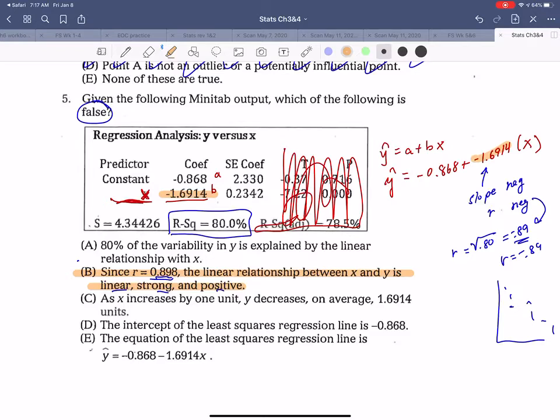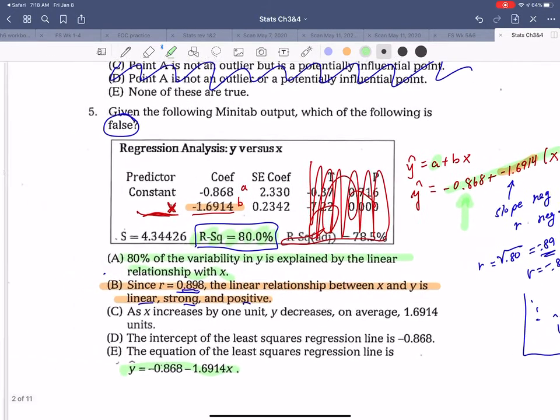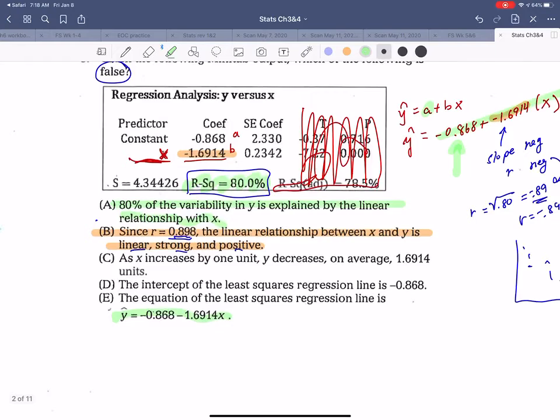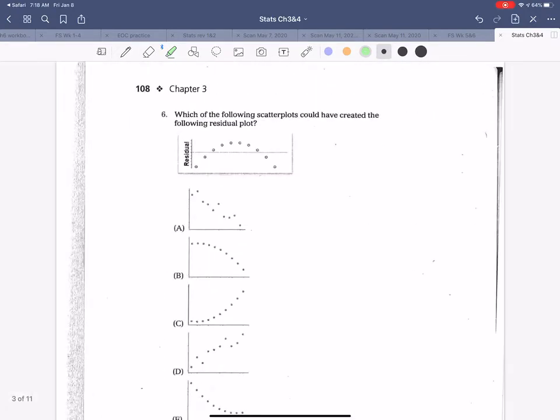Cool? And it looks like the rest of this is correct. So if we look here, that's the formula I made there, right? The intercept is A, and that's that number there. So all these other ones. And how do we interpret r squared? We interpret it by saying 80% of the variability of y is explained by the least squared regression line on x. Okay, let's go to 6.